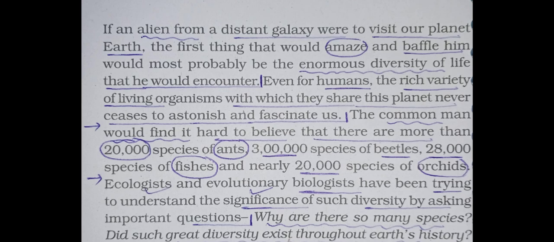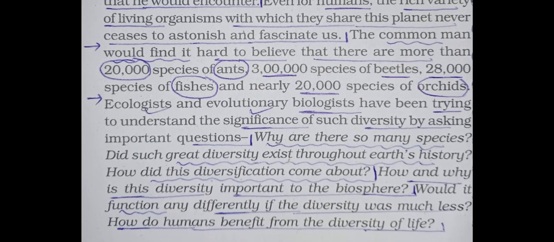Not aliens, but even for humans, the rich variety of living organisms with which they share this planet never ceases to astonish and fascinate us. Now see, important words are there. The common man would find it hard to believe that there are more than 20,000 species of ants, 3 lakh species of beetles, 28,000 species of fishes, and nearly 20,000 species of orchids.